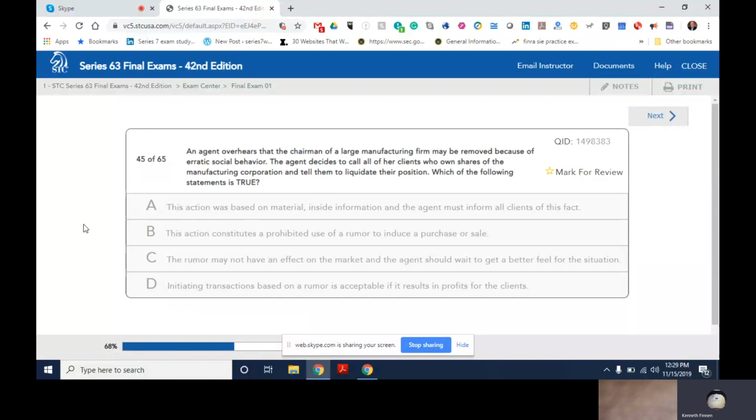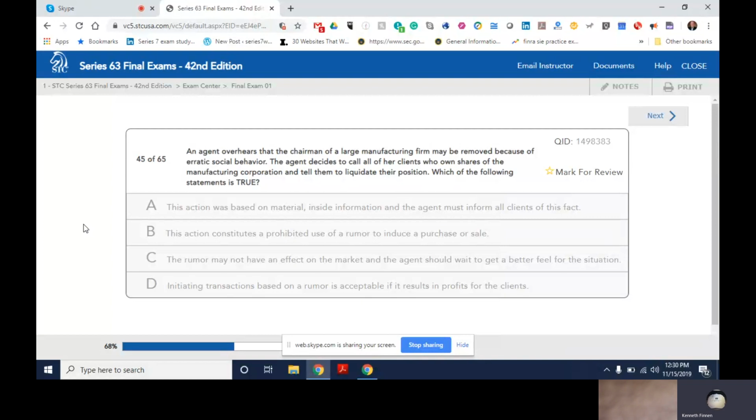An agent overhears that the chairman of a large manufacturing firm may be removed because of his erratic social behavior. He's nuts. The agent decides to call all of our clients who own shares of the manufacturing firm and tell them to liquidate their positions. That's kind of not good, right? Okay, this action was based on material inside information. So just because you tell them that doesn't absolve you. You're putting them all in trouble. This is a prohibited use of a rumor.